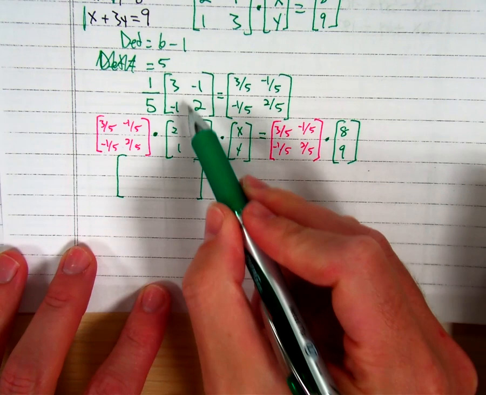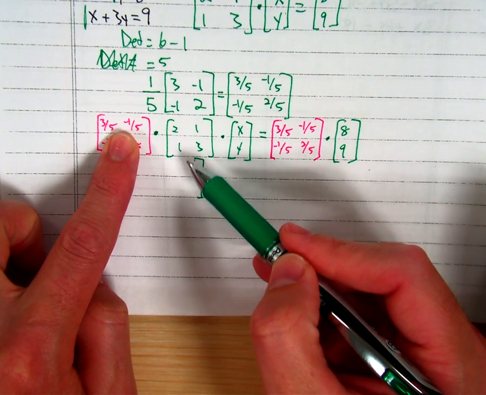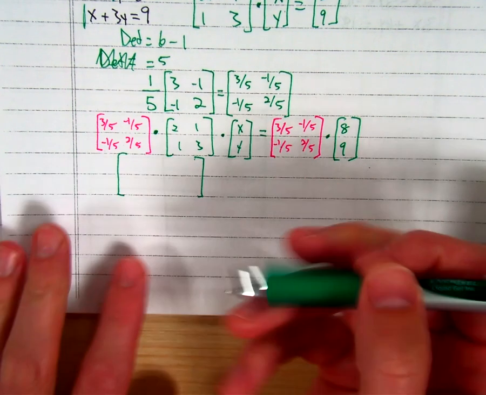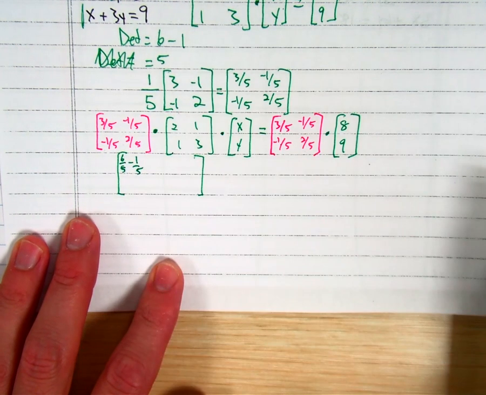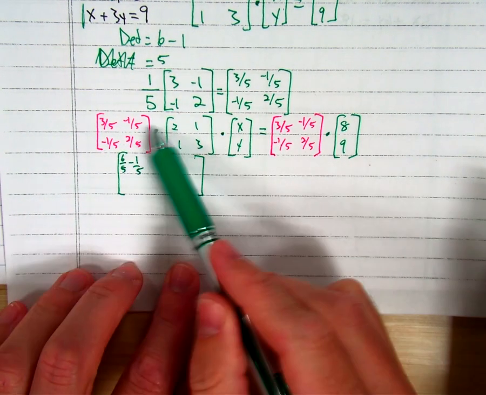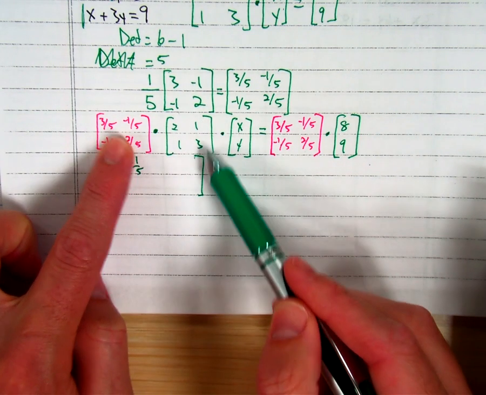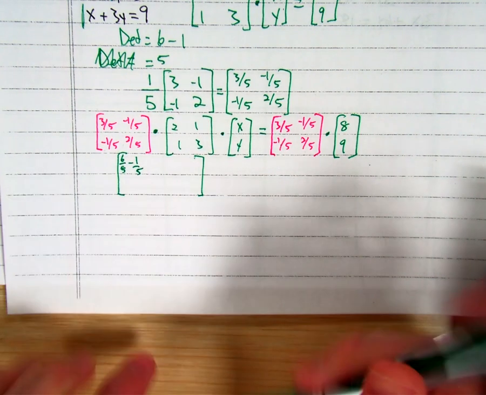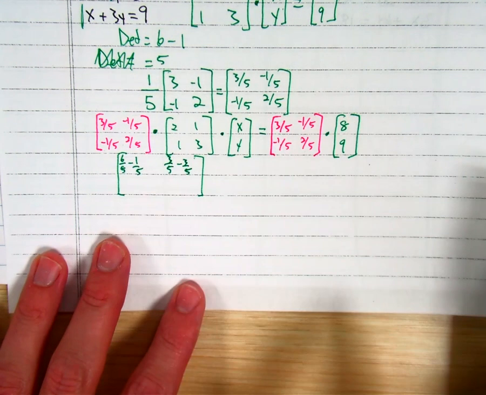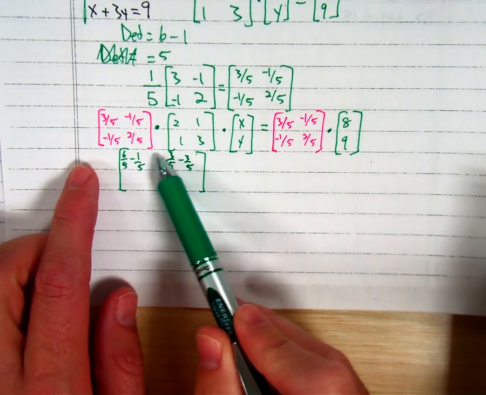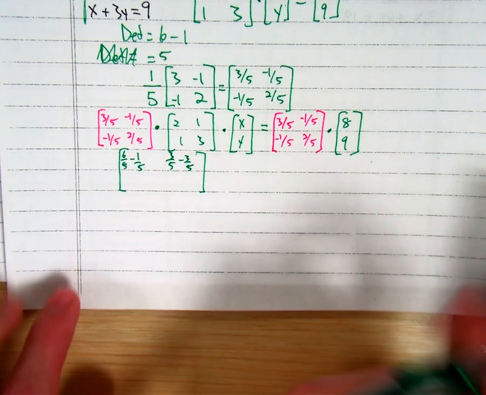Okay, rows times columns. 3/5 times 2 is 6/5, minus 1/5 times 1. So we had 6/5 minus 1/5 for the top left corner. Top row, right column: 3/5 times 1, negative 1/5 times 3. So that's going to be 3/5 and negative 3/5. Okay, bottom row left column: negative 1/5 times 2, 2/5 times 1.